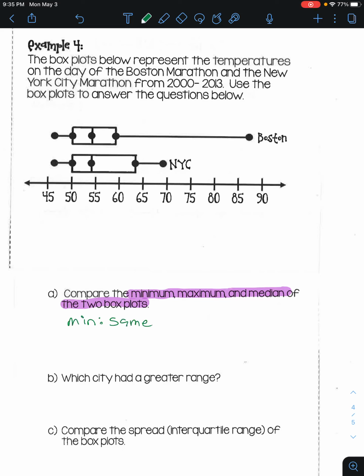The maximum, well, Boston is much greater at about, I would vote this would be probably like 87 degrees, where New York City, their high temperature was only about, say, like 69 degrees.